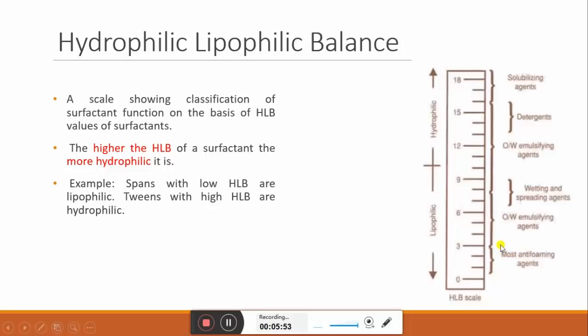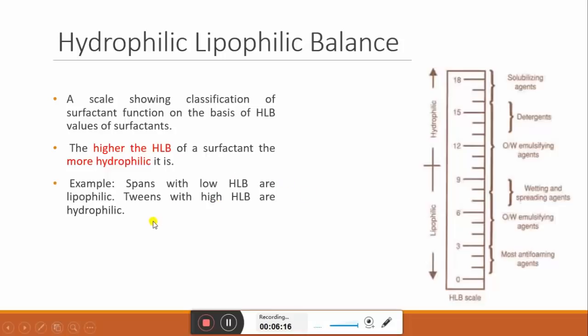As we can see in the HLB scale, values between 3 to 8 are called water in oil emulsifying agents, and values between 9 to 16 are called oil in water type emulsifying agents. So, the lower the HLB value, the more the lipophilicity.